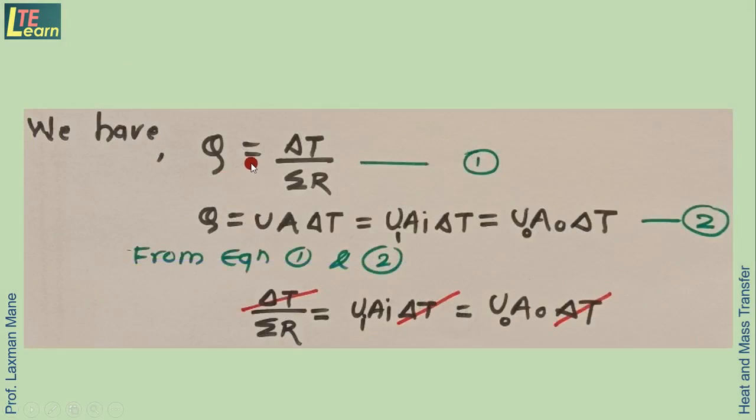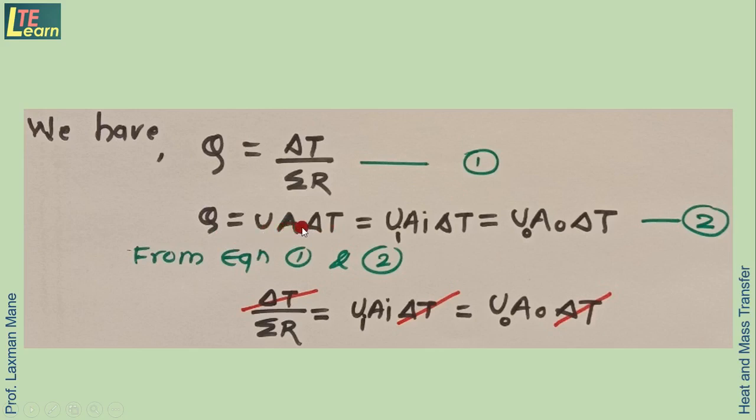Now we have Q equal to delta T upon sigma R, or summation of R. This is the standard equation we have already seen. Say equation number 1. Again we can write Q is equal to UA delta T.